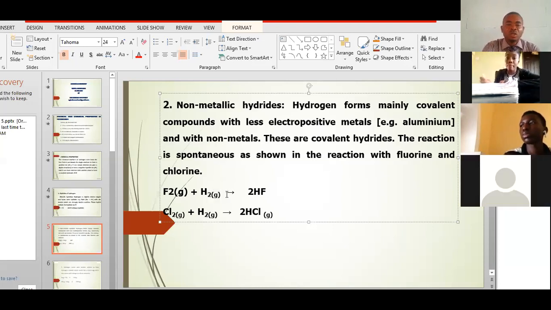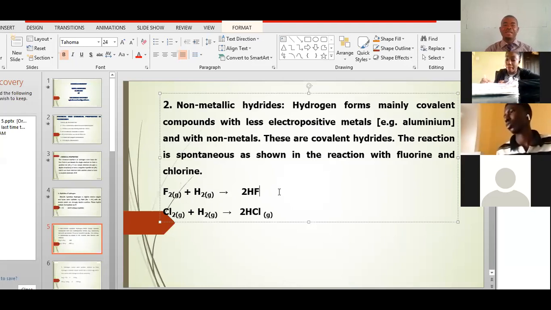Remember, group 7 elements are all non-metals, but they are the most reactive non-metals. We call them the most electronegative non-metals.